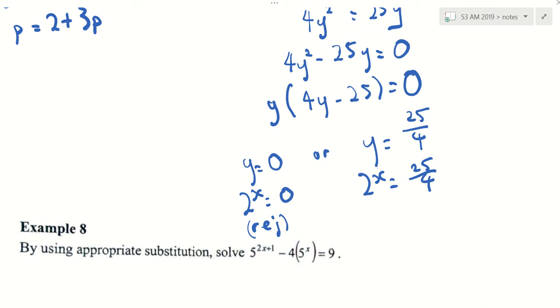Matthew, why do I add log on both sides? To bring down the x. I add log because my x then can come down. Once my x can come down, then I can divide the number over. Agree? Are you all following?